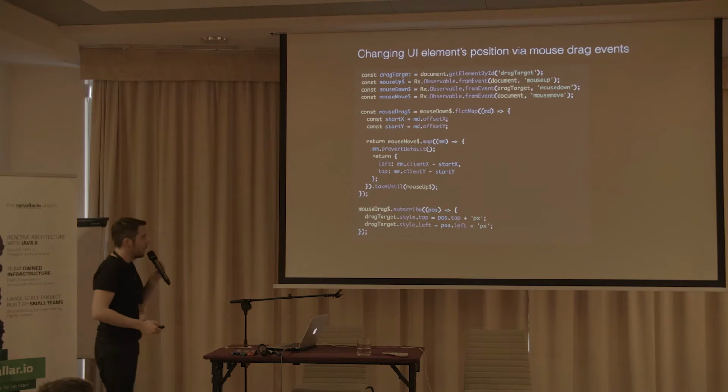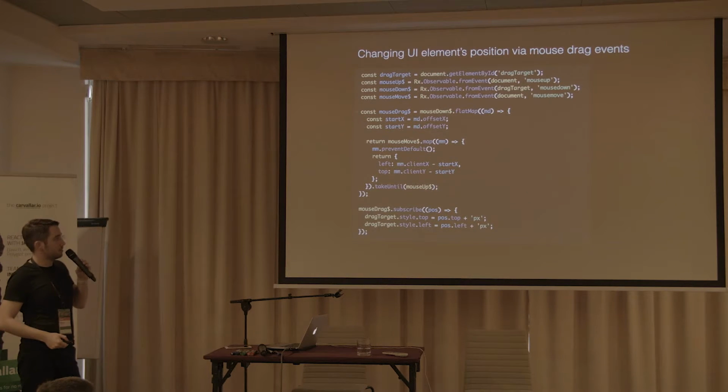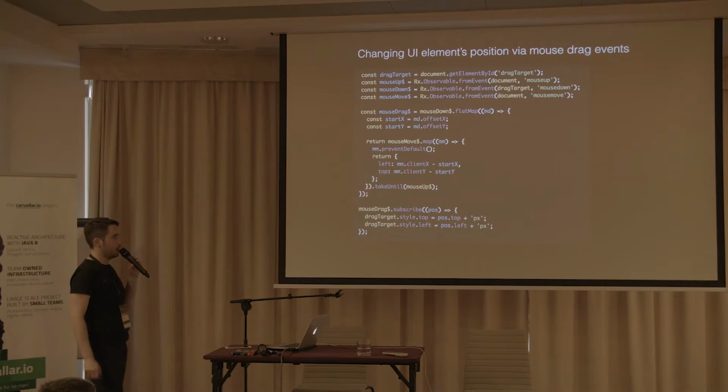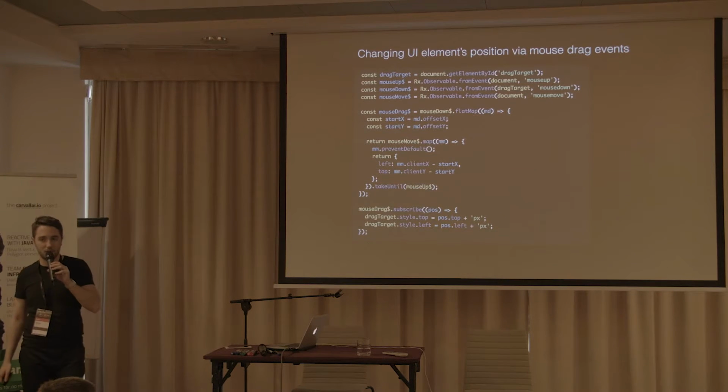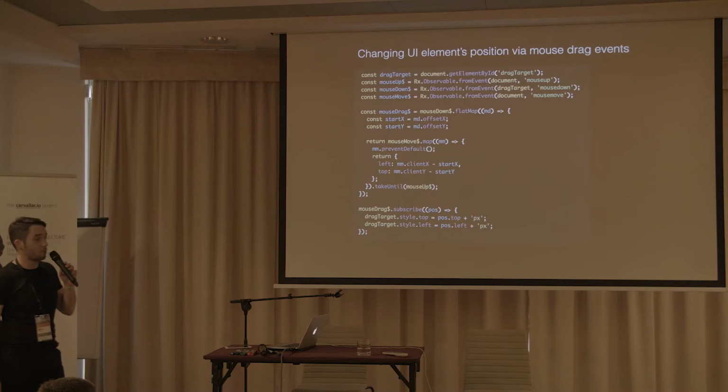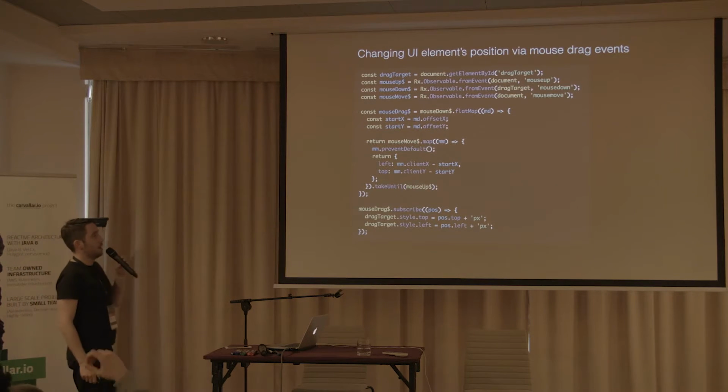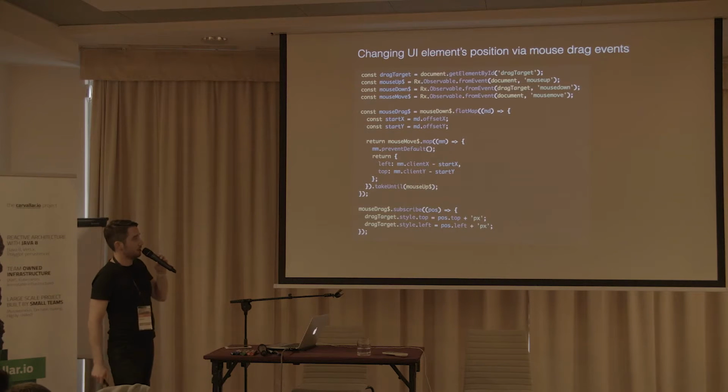So this one is also quite simple when it comes to the amount of code. I can assure you that the same logic written with just bare JavaScript or jQuery events, because I saw this implementation in jQuery too, was at least twice as long as this one.